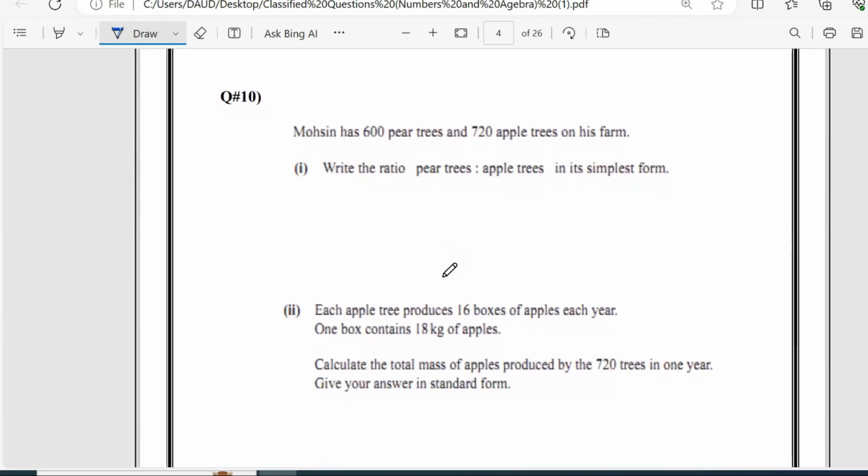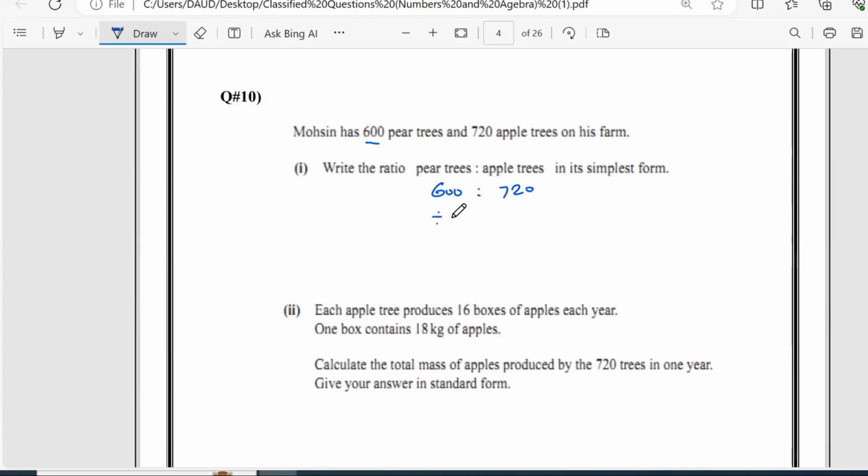Next, Mosen has 600 pear trees and 720 apple trees on his farm. Write the ratio of pear trees to apple trees in its simplest form. So we know that pear trees are 600 and apple trees are 720.